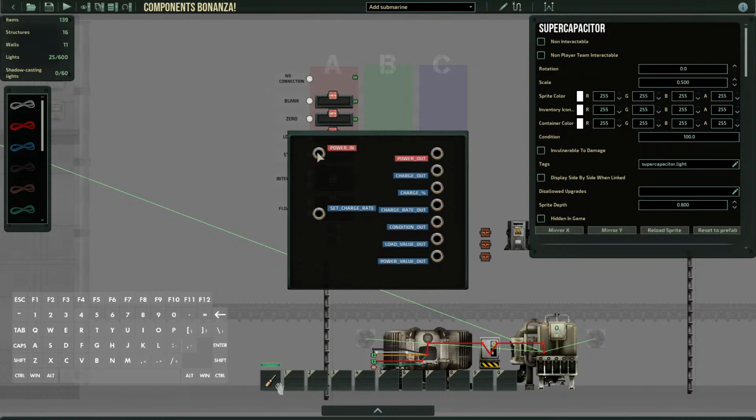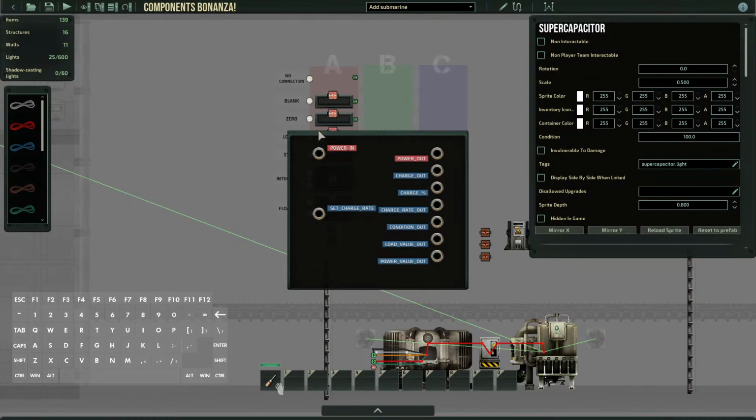On the left side, we have the primary power grid that's supplying the supercapacitor with power. And on the right side, we have the secondary grid that is drawing power from this supercapacitor. You can connect something to both of them if you want, but that mixes up my explanation here, so we're not going to talk about that.